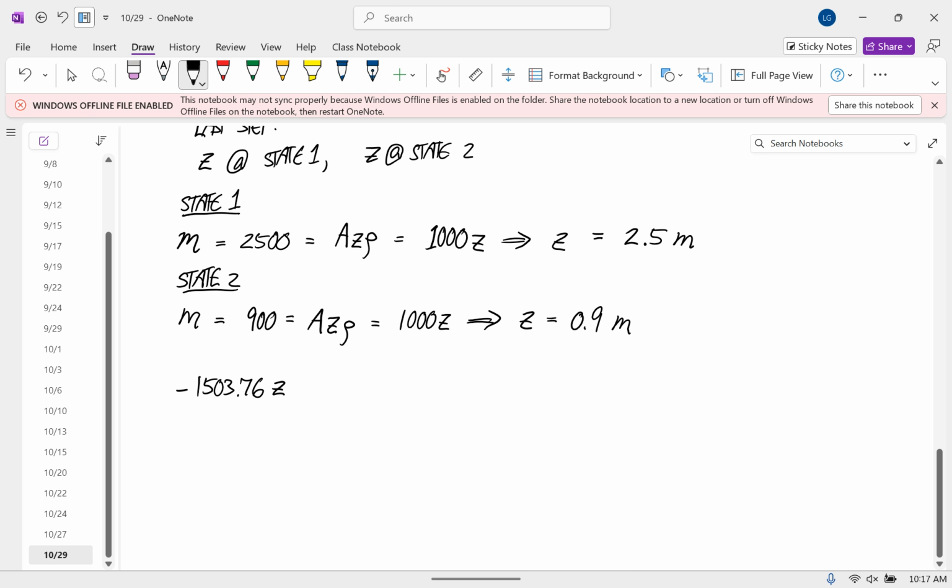So we got negative 1503.76 Z to the 1/2 evaluated from 2.5 to 0.9 is equal to T. And we get T is equal to 951.1 seconds.